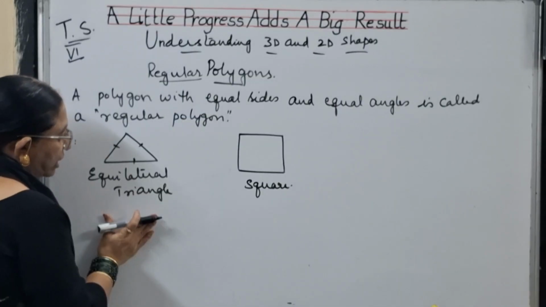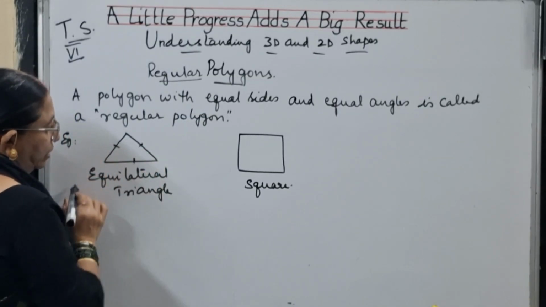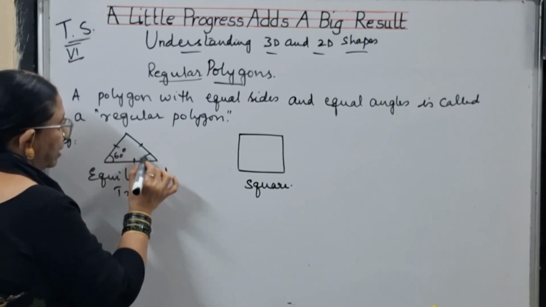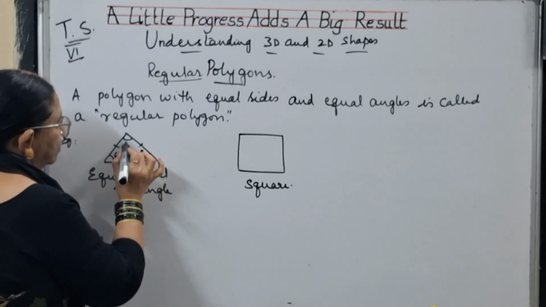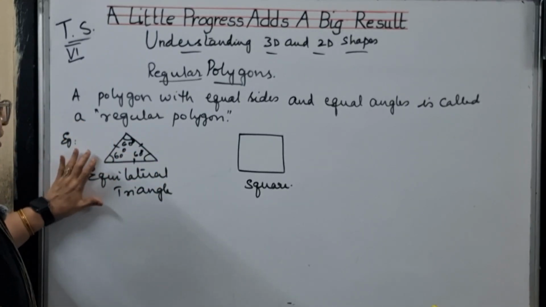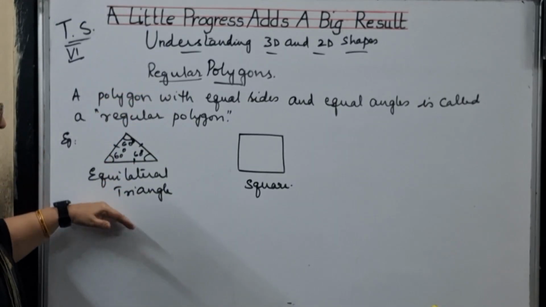As an example, we can take an equilateral triangle. Equi means equal sides, you know that. All 3 sides are equal, and the angles too. Each angle is 60 degrees, 60 degrees, 60 degrees. All the angles are equal, all the sides are equal. So it is an example of a regular polygon.